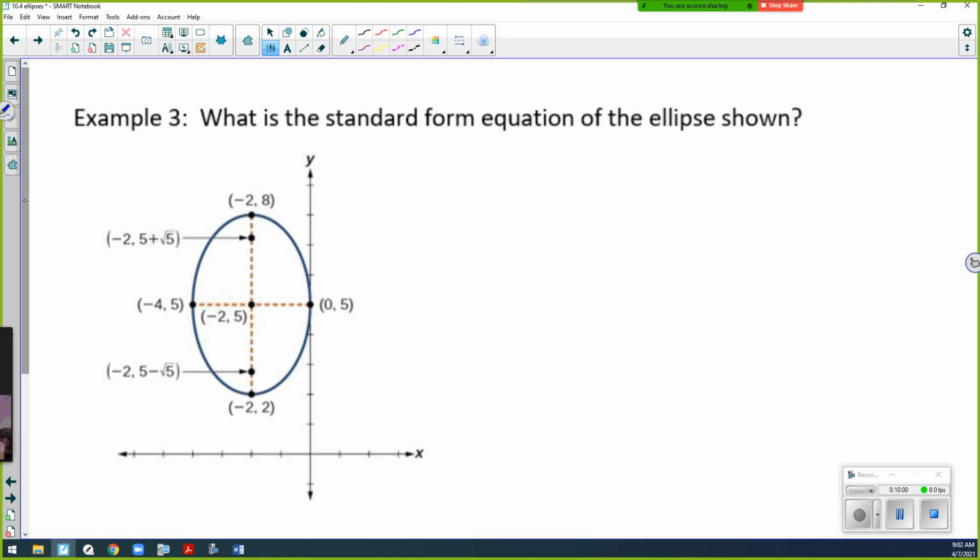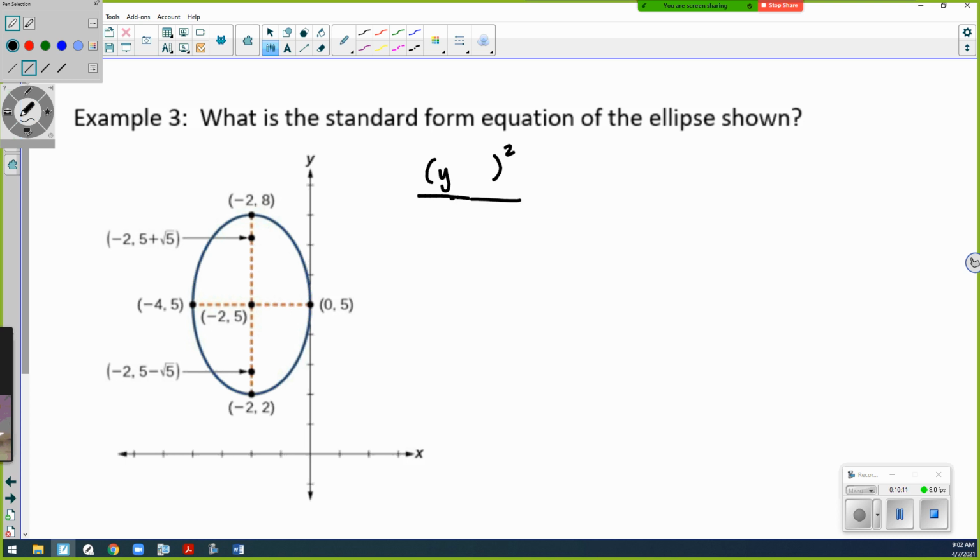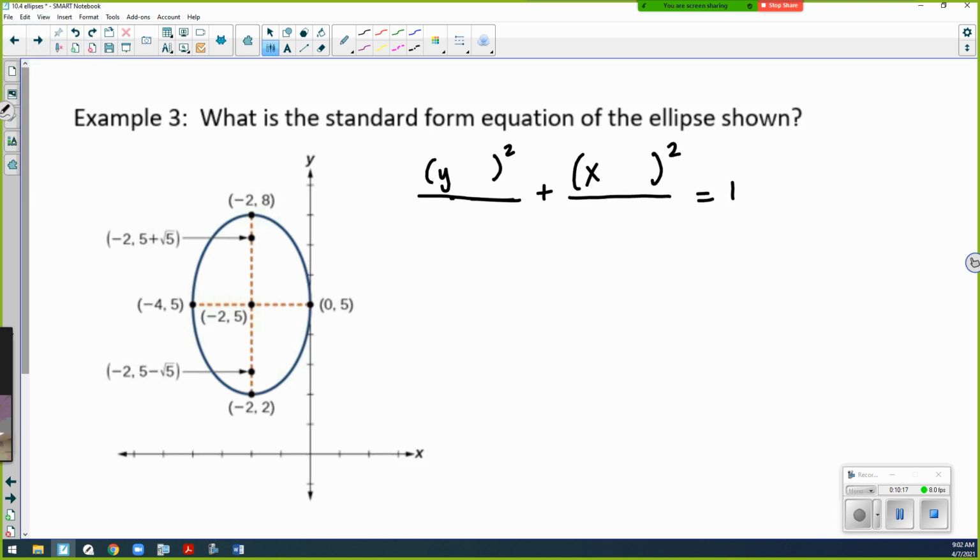With this one, I have an ellipse, and I need to write the standard form equation of the ellipse. Again, it is vertically oriented. Since it's vertically oriented, I'm going to have y squared over something plus x quantity squared over something equal to 1. My center is here.